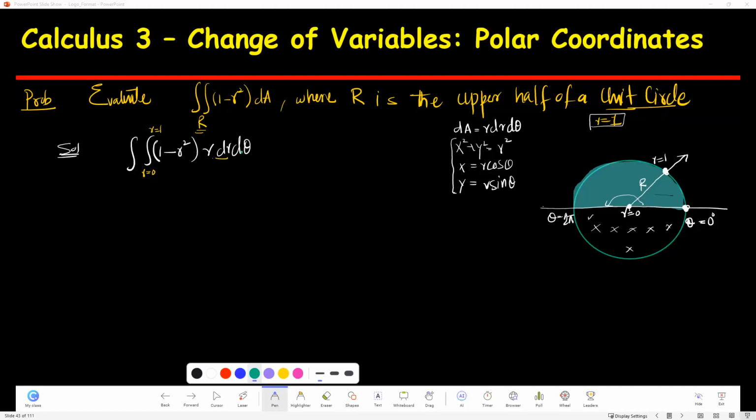Then I have theta, so I'm going to substitute theta equals 0 to theta equals 1. Looks like I'm in good shape to start this problem, so let's start solving it. I'm going to write this expression like this: 0 and it's going to be 5.